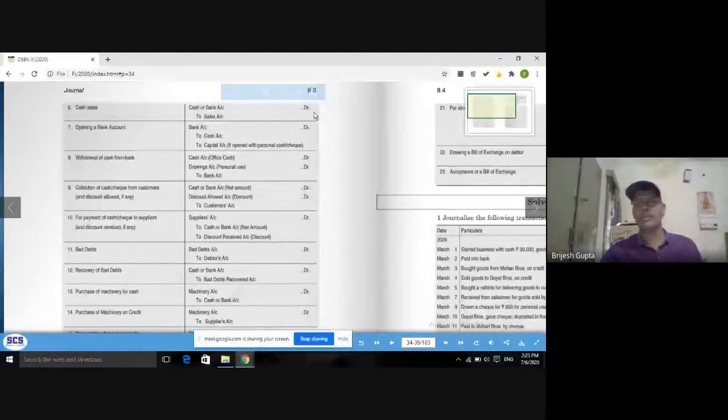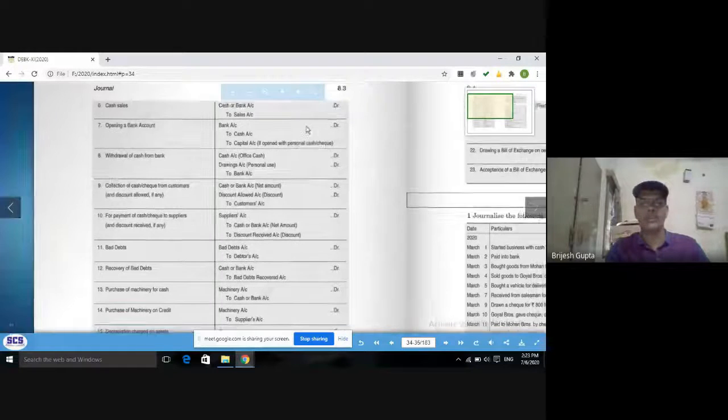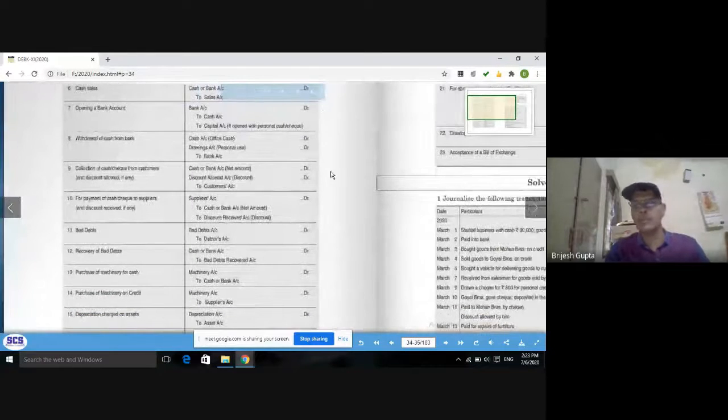Cash purchase of goods entry will be purchase account debit to cash or bank account. Purchase account debit to cash account. Bank we will do later, for now just write cash. When bank comes, we will do bank; for now do the cash transaction. Purchase account debit to cash account, right? And cash purchase of goods. Is it okay?